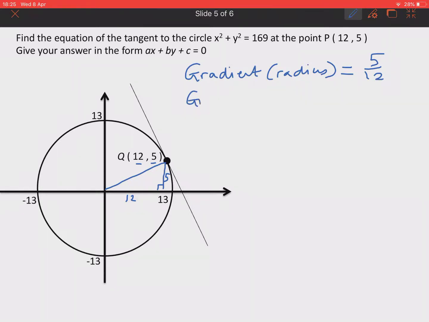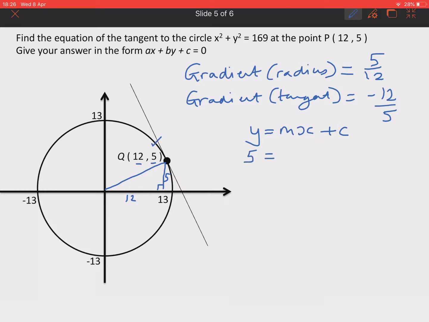So the gradient of my tangent is the negative reciprocal of that, so I can flip it and make it negative. So my equation of my tangent is y equals mx plus c. So I know that y is 5. The gradient is negative 12/5. X is 12, plus c.